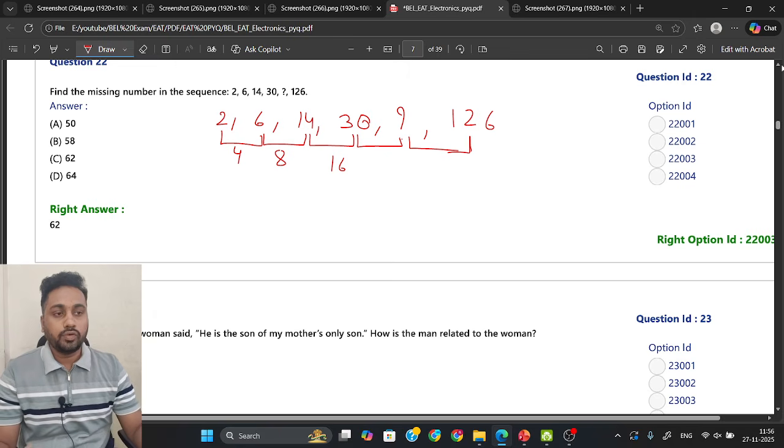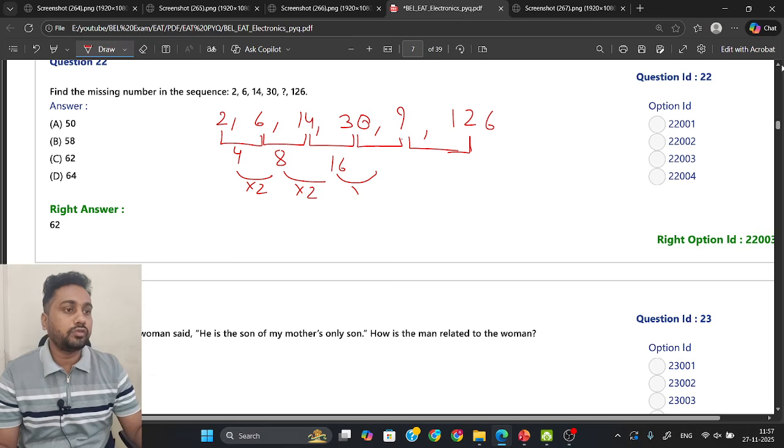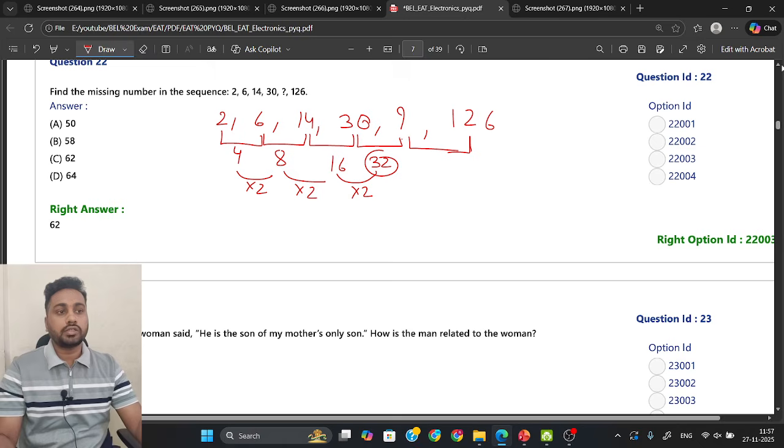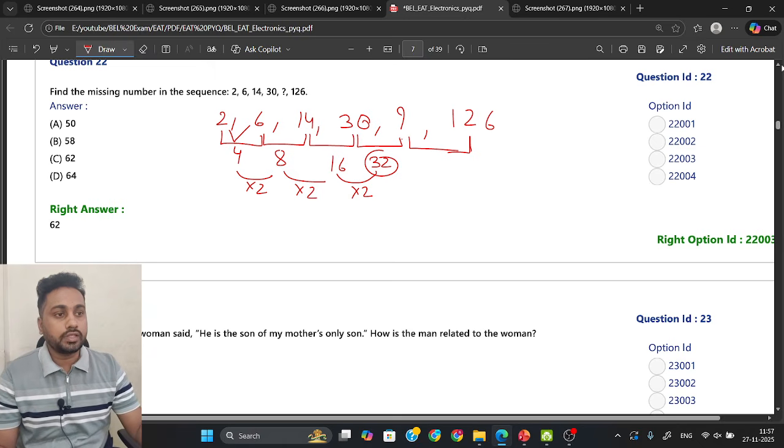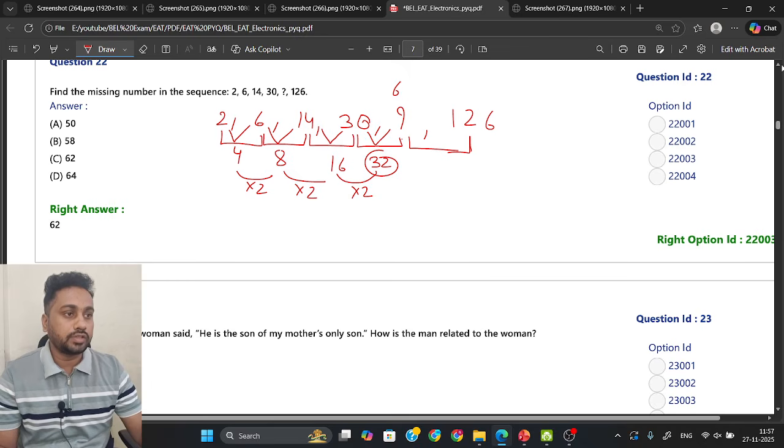Okay, so now if you see the common thing here, 4 into 2 is 8, 8 into 2 is 16. Like that, if you do 16 into 2, then here you will get 32. Okay, and how are we calculating the next number? 2 plus 4 is 6, 6 plus 8 is 14, 14 plus 16 is 30. So same, 30 plus 32 is how much? 62.